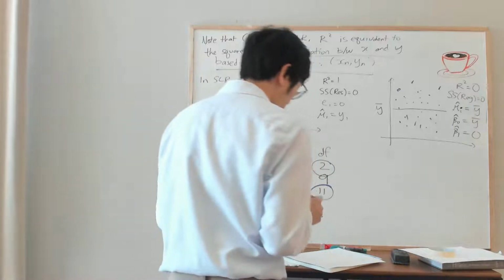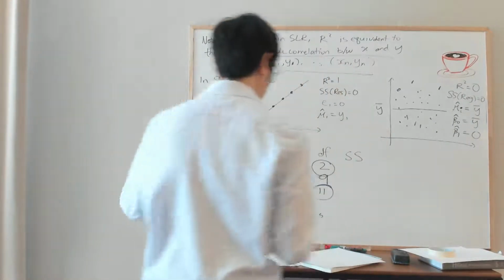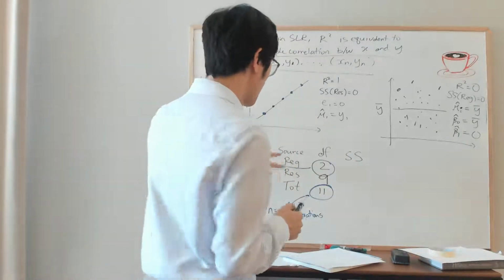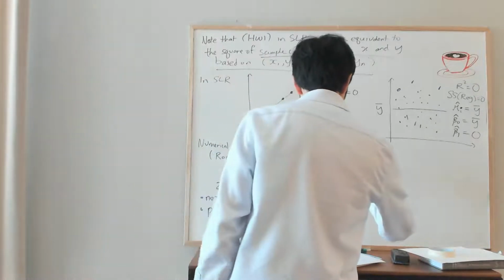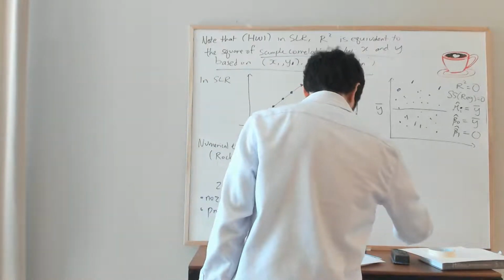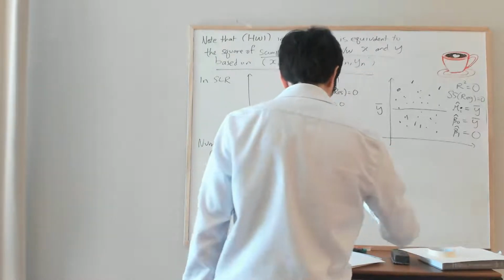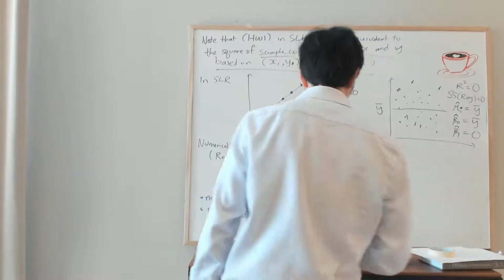Okay, and so I need to give you some numbers so we can do calculations. Based on the fitted model, we can calculate the sum of squares terms. So the sum of squares for regression is 846.2, and then the sum of squares for residual is 63.42.